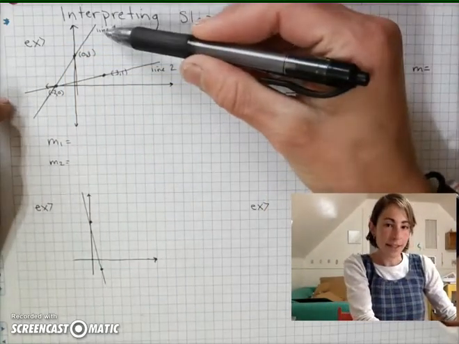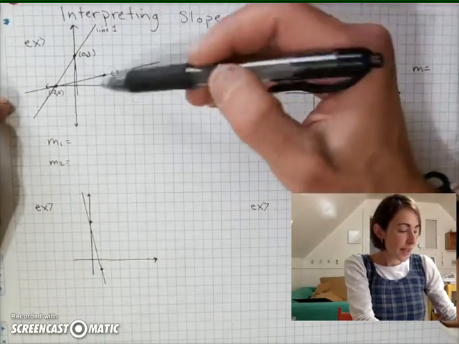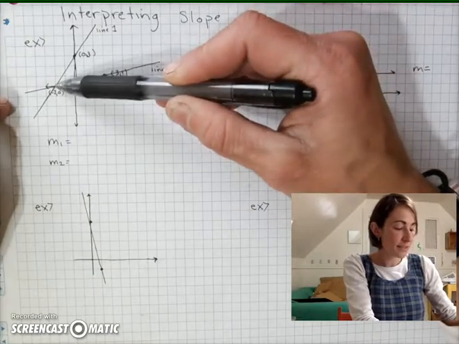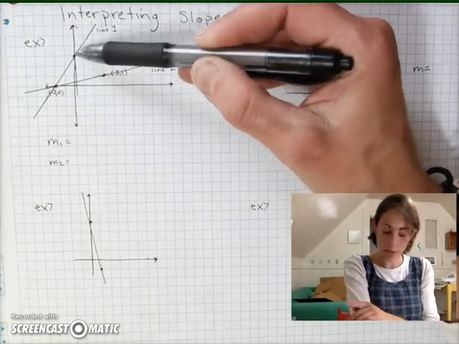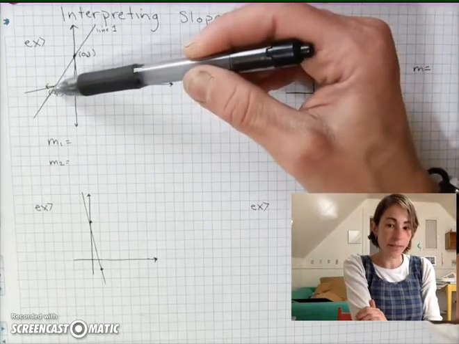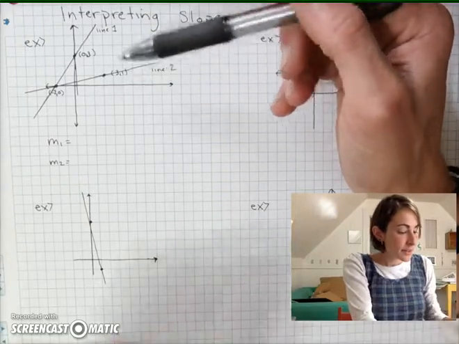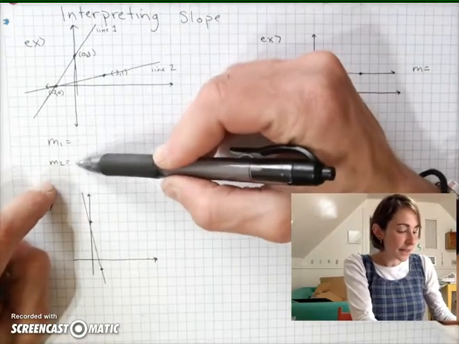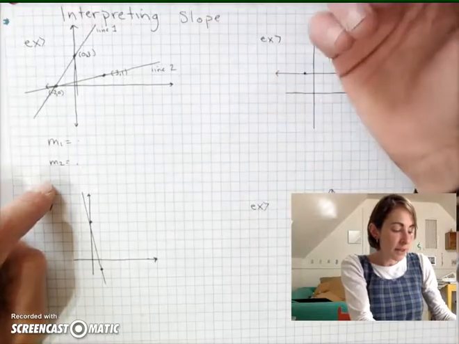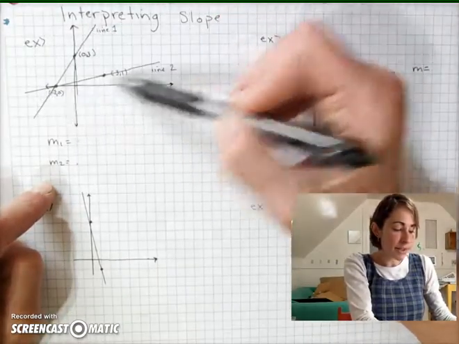So here I have two lines, line 1 and line 2. Line 1 goes through the points -2, 0 and 0, 3, and line 2 goes through -2, 0 and 3, 1. I want to first calculate each of these slopes, but we notice that line 1 is much steeper than line 2.